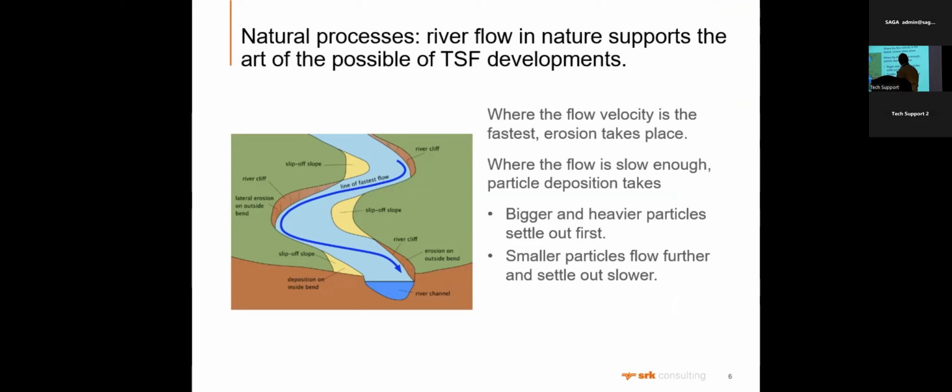Where the flow is slow, there's particle deposition, and then there's segregation, with bigger and heavier particles settling out first and smaller particles flowing further. And if we were to interrogate what Lindsay had said, then in sedimentary rocks at 3 or 4 kilometers, the same sort of principles would apply, and that makes life difficult.